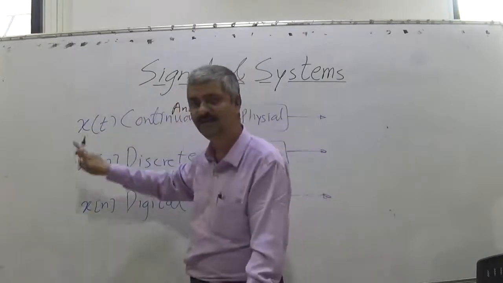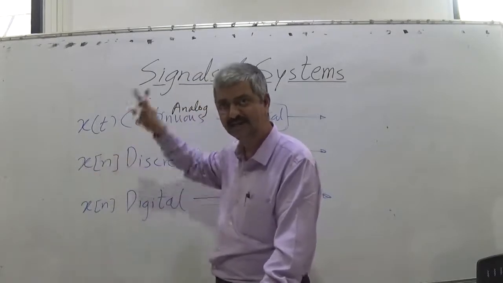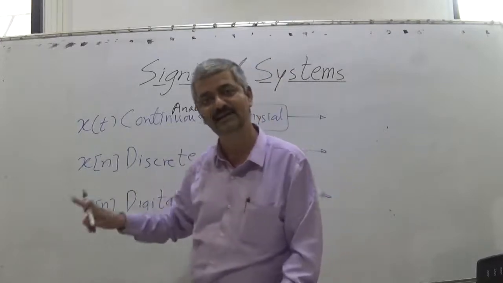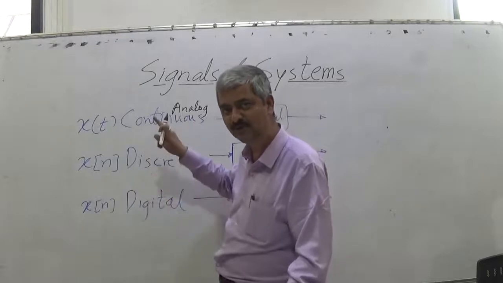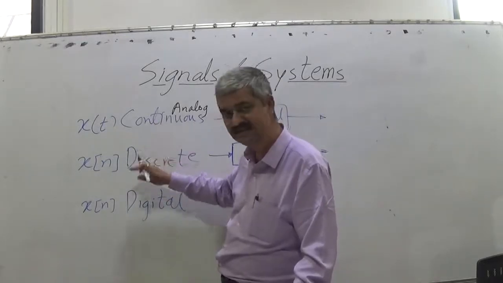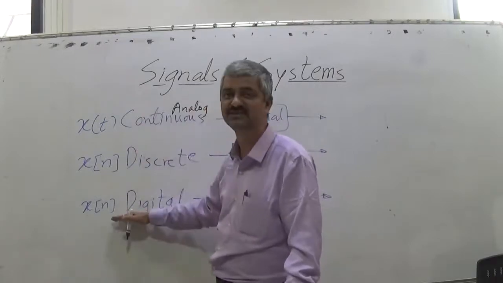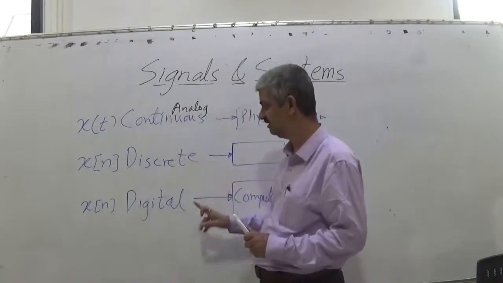A variable with infinite resolution defined at sample instances is a discrete signal, and discrete samples of infinite resolution converted into finite resolution is a digital signal. So: continuous signal, discrete signal, digital signal.